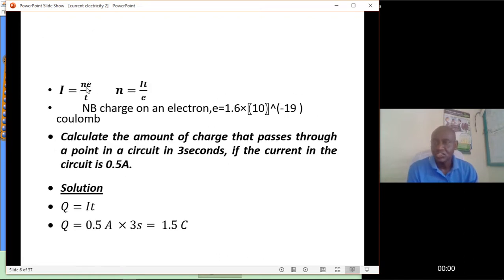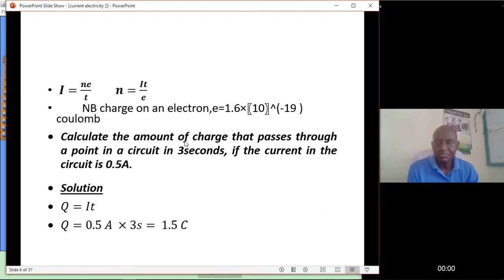This is charge, number of electrons passing times a single charge, what it carries, that is Q over t, where every electron carries 1.6 times 10 raised to the power of negative 19 coulombs. So if 5 electrons are passing there, it is 5 times that, so that you know the charge. Then you divide by time.